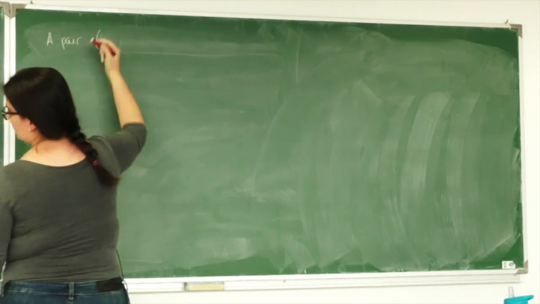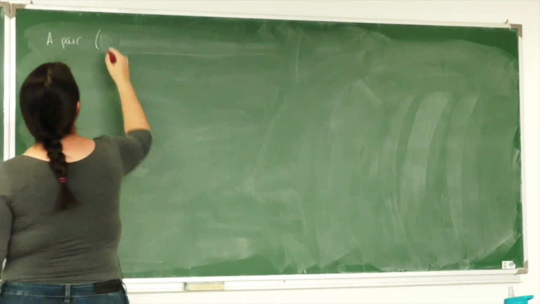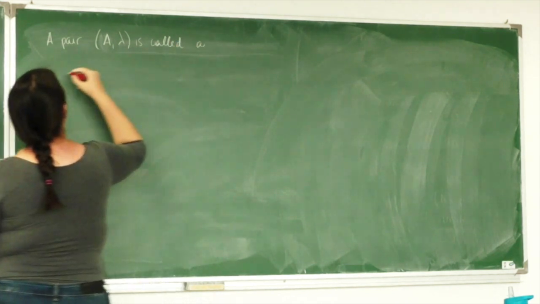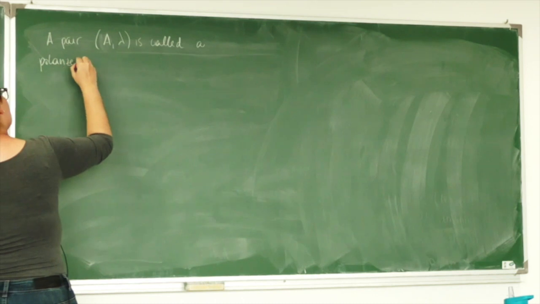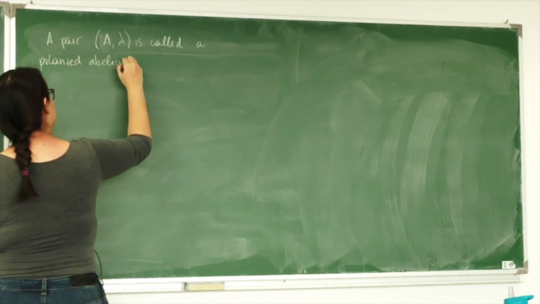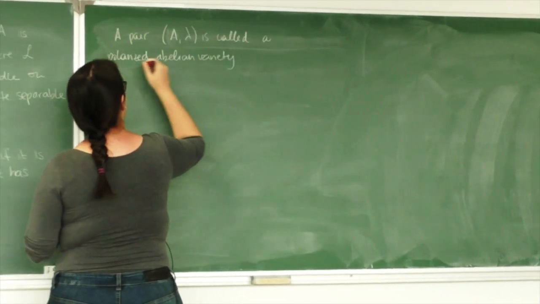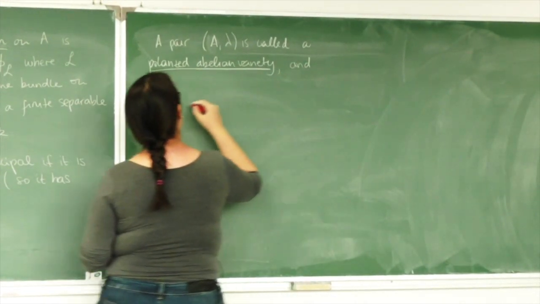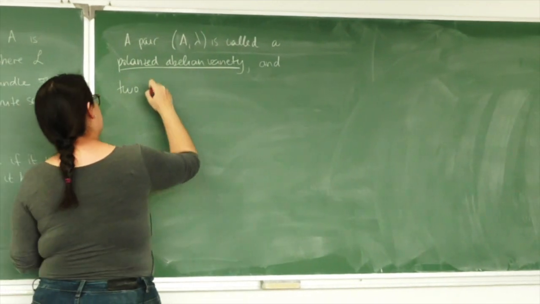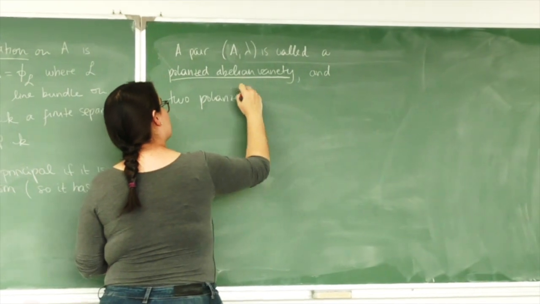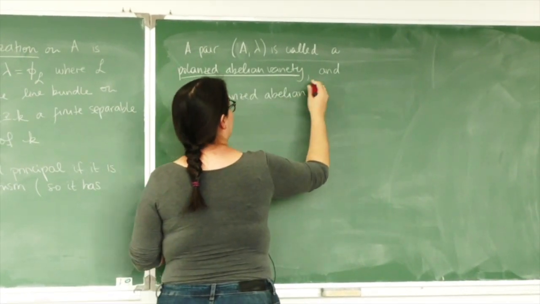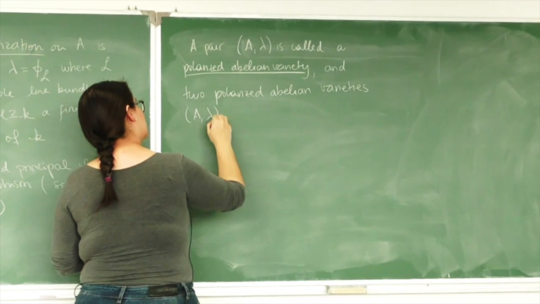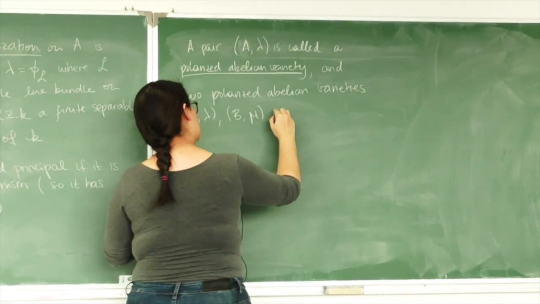So a pair A, lambda is called a polarized Abelian variety, and we have two polarized Abelian varieties, A lambda and B mu, that are isomorphic.